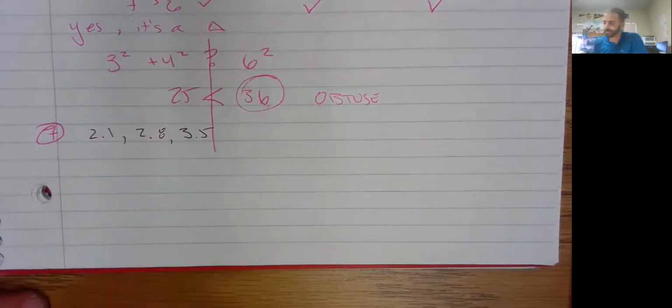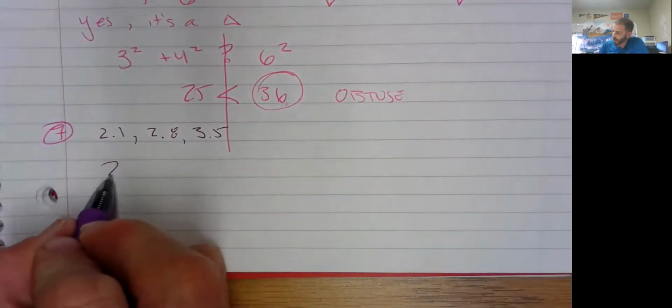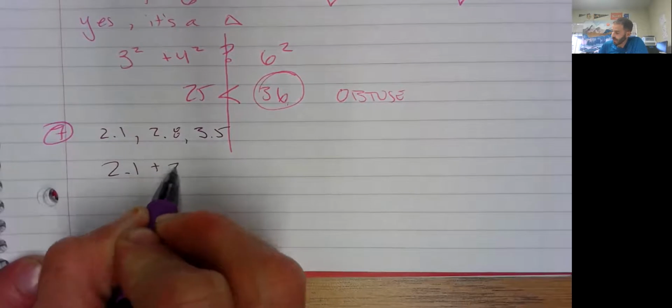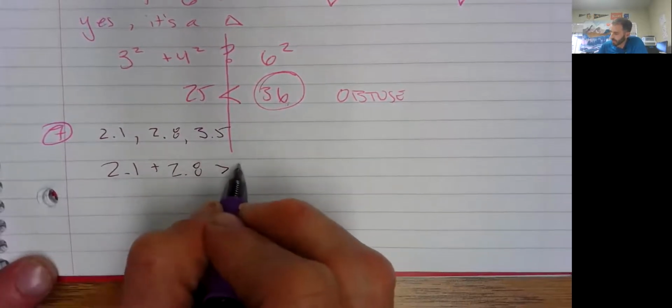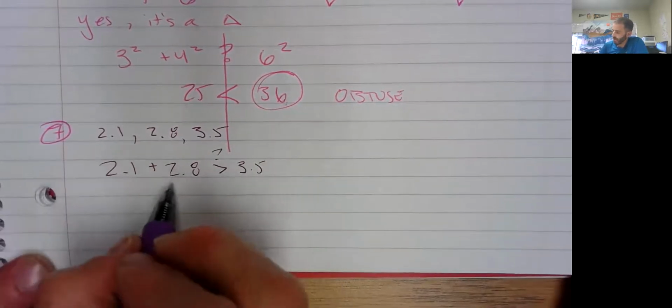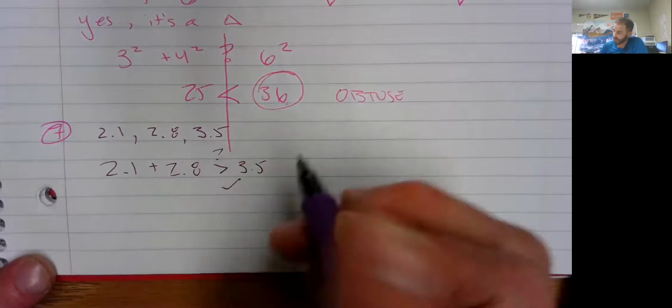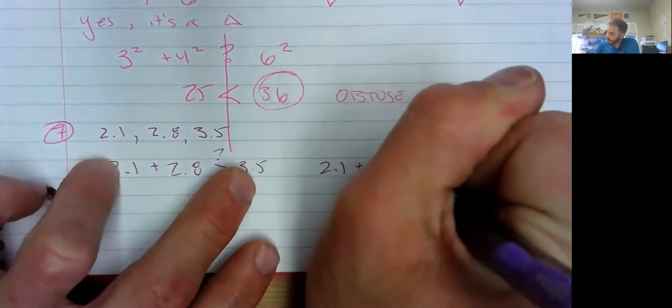Okay, so does it form a triangle? We're asking ourselves, is 2.1 plus 2.8 greater than 3.5? Well, 4.9, yeah, check. Again, order doesn't matter.